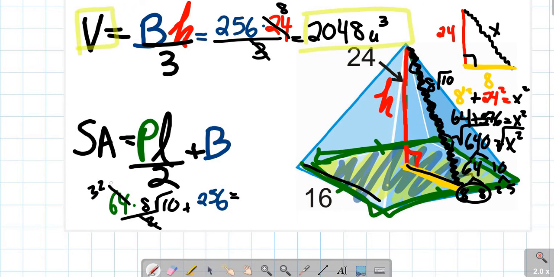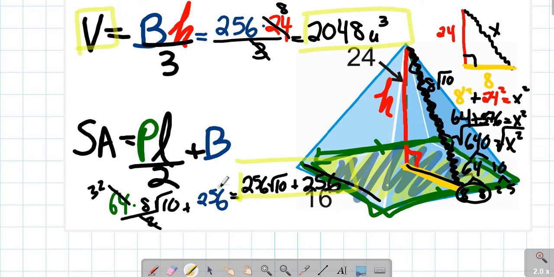That's 32. 32 times 8. And there's 2 versions here. This would be called the exact term version, okay? This is 256 root 10 plus 256. If your teacher wants exact terms, that's called exact terms.